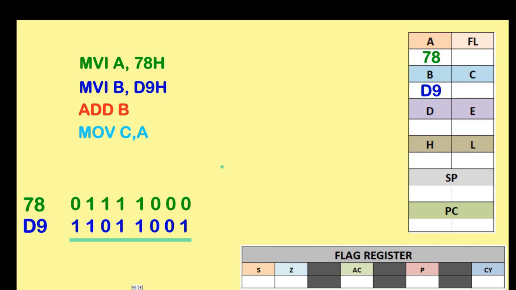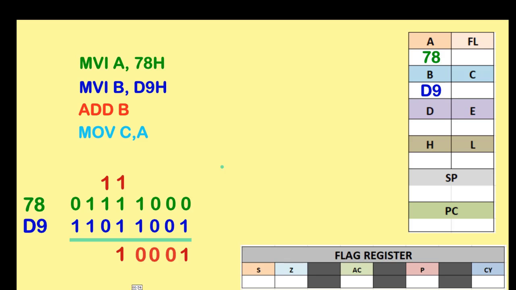Now we do the addition starting from the rightmost bit. 0 plus 1 is 1, then 0 plus 0 is 0, then 0 plus 0 is 0, 1 plus 1 is 0 and a carry 1. So here D3 is passing a bit to D4. Then we have 1 plus 1 plus 1, which is 1 with carry 1 on the left digit.